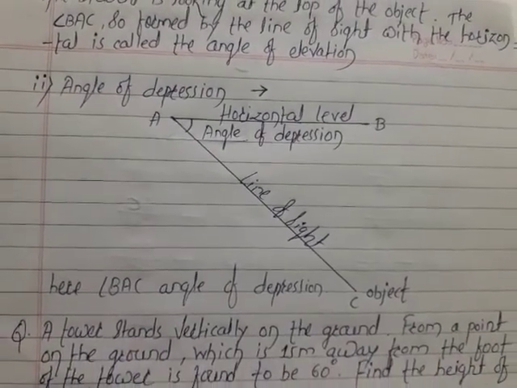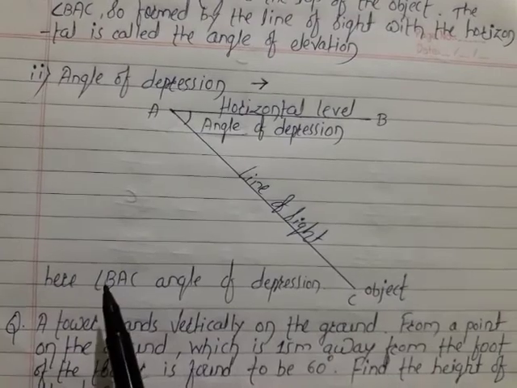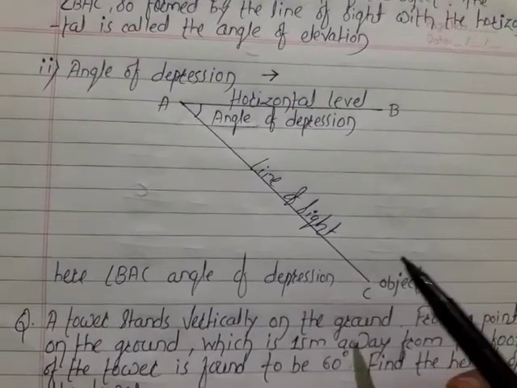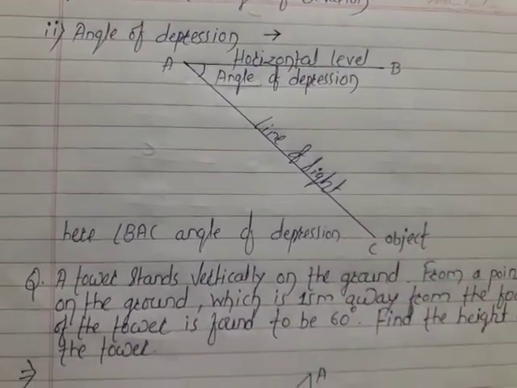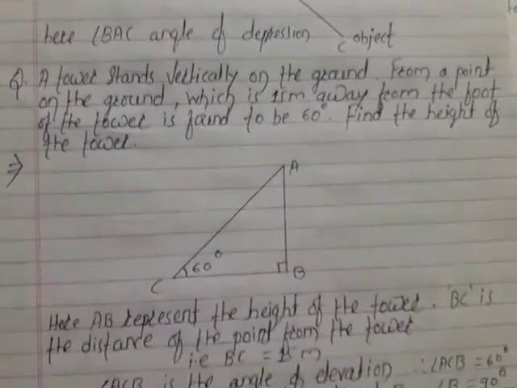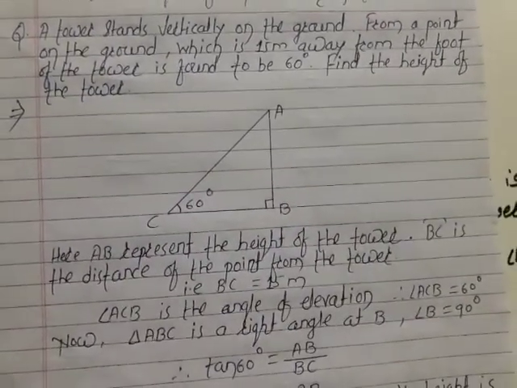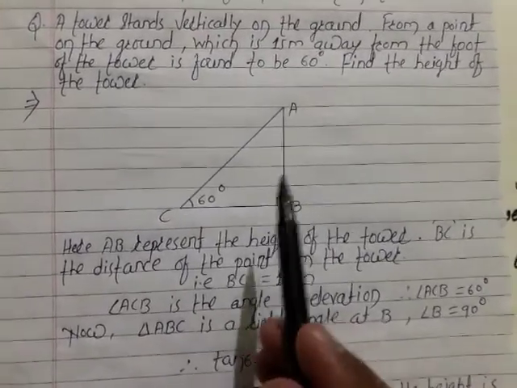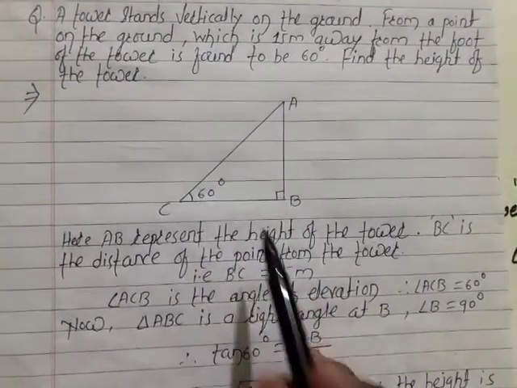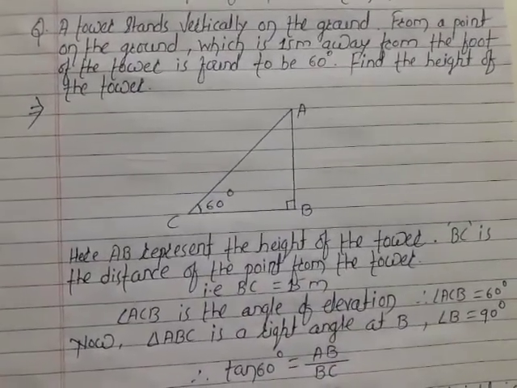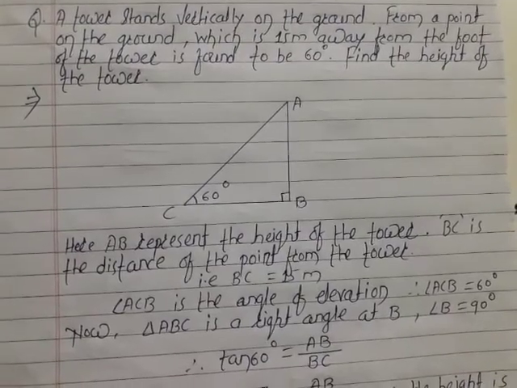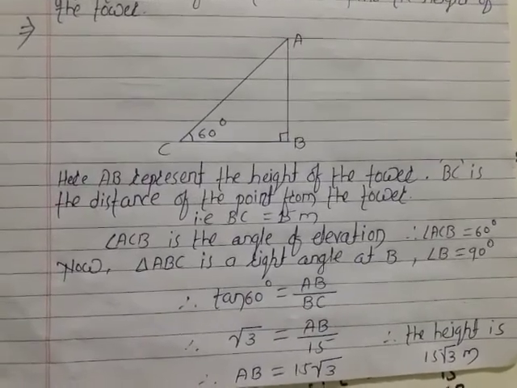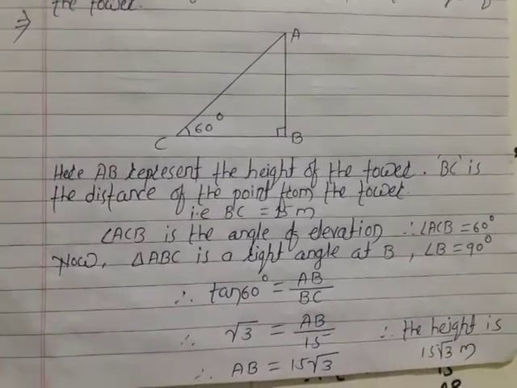Later, angle of depression. Here the definition is not given, there is no need, did you understand? Angle BAC is the angle of depression. Here if you take out the object it is also fine, if you don't take it out it is also fine. Then the first example which we have discussed is in front of you. How to solve this I told you. Like that we have to judge while drawing the figure. You will judge whether angle of elevation is given or angle of depression is given. When we see different types of examples regarding the angle of elevation and angle of depression, you will come to know how to solve the examples. Here the height is 15√3 meter.